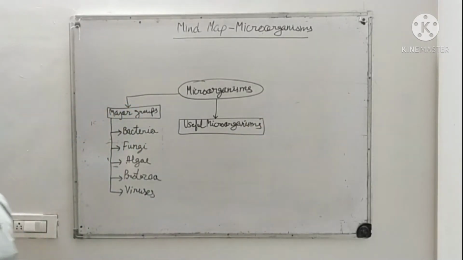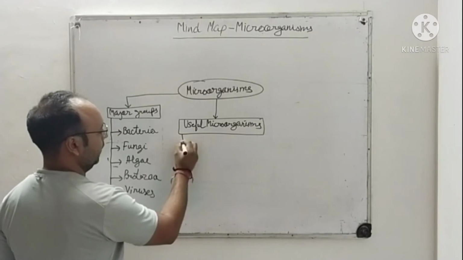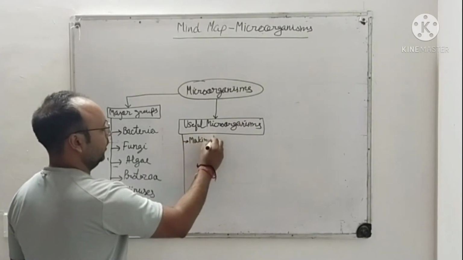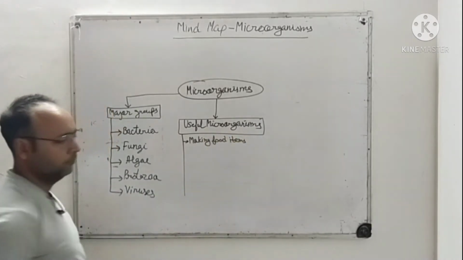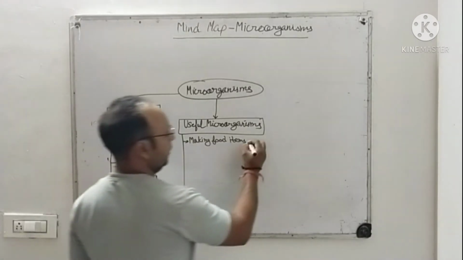Right? Useful microorganisms. So why are they useful? We have discussed, because they help in making food items. Right? In food items, who are helpful? We can discuss further.